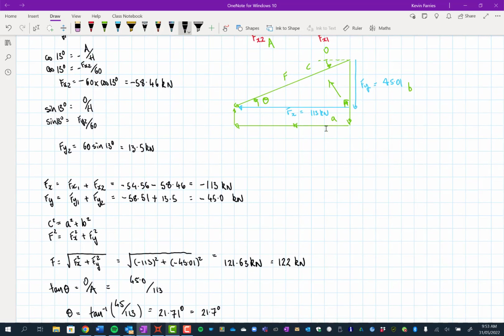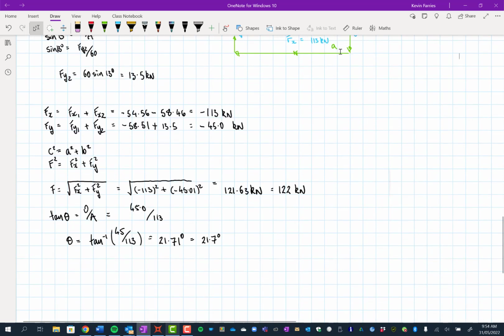So we know this angle is 21.71, which means this angle is 21.71, and that is heading anti-clockwise from the negative x-axis.